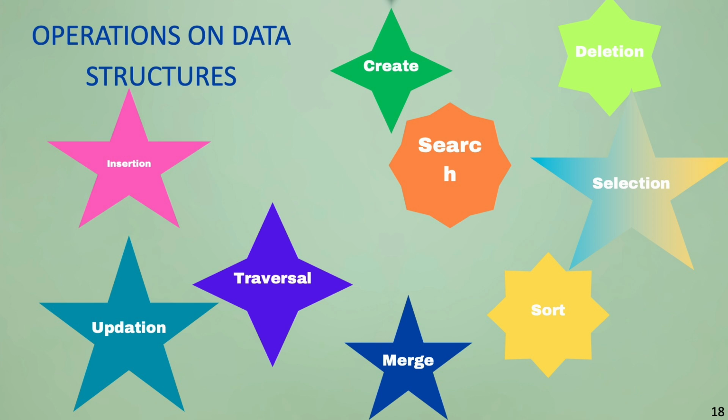And merging operation, for instance, we may have different departments' employee information in separate lists, and if you want to have a combined list, then we will go with merge operation. You could merge two lists into one, and then you could go ahead with sorting operation, which orders all the elements in that data structure in either ascending or descending order.